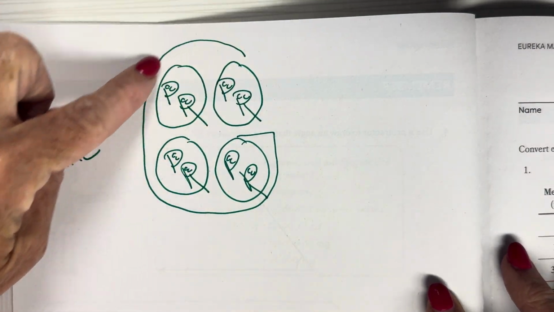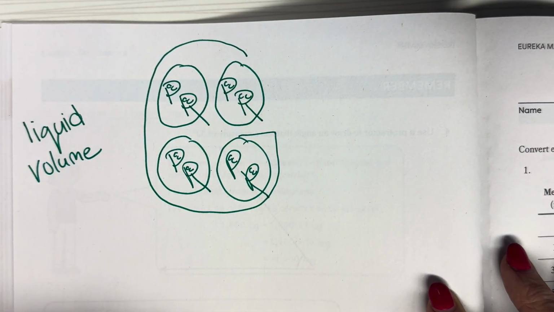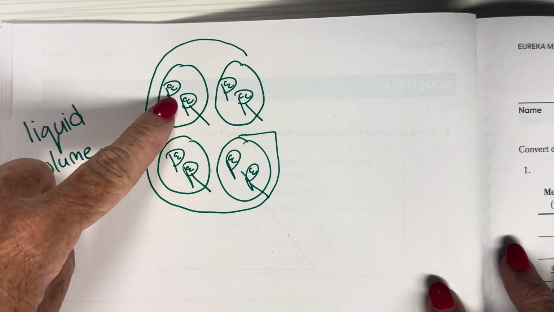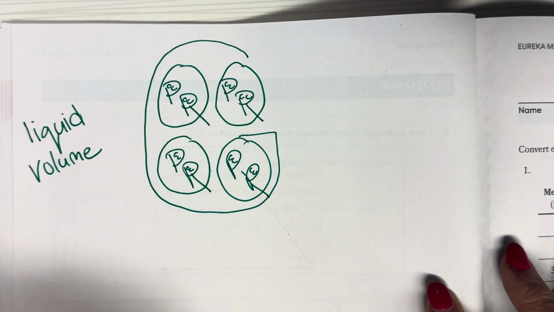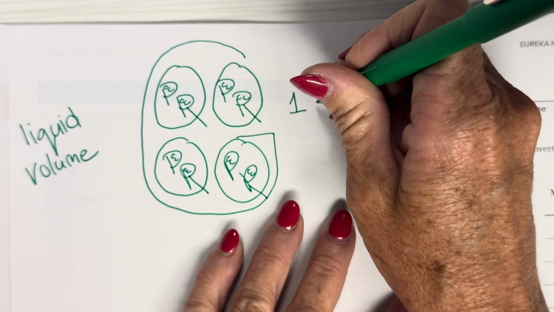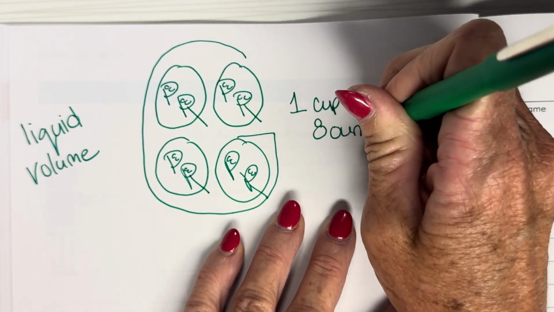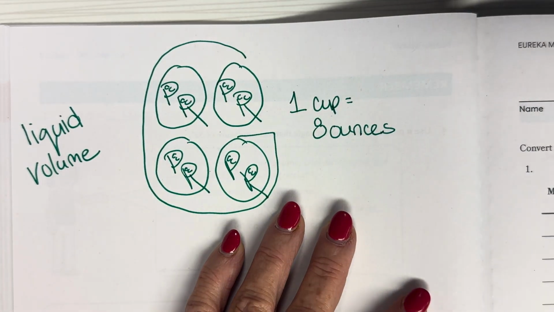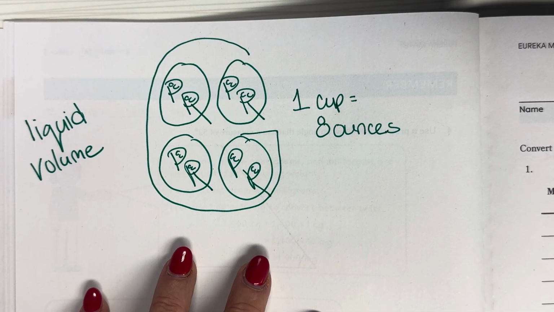So the gallon man is our gallon, the 4 queens are our quarts, the 2 princesses are our pints, and the 2 cats are our cups. We also then need to learn that 1 cup equals 8 liquid ounces. So these are the measurements we use in America or in the United States for liquid volume, okay?